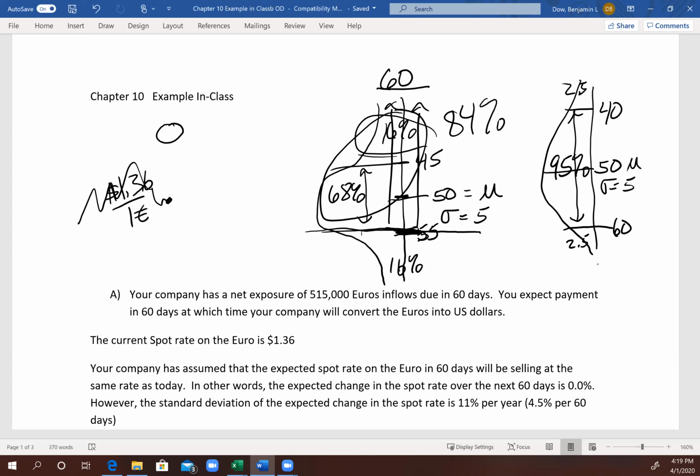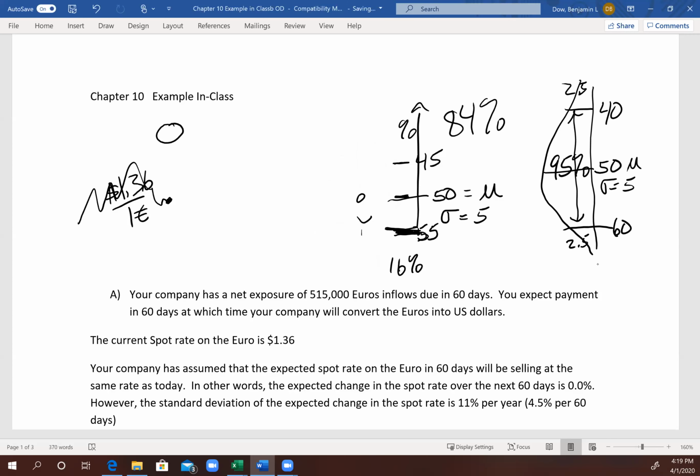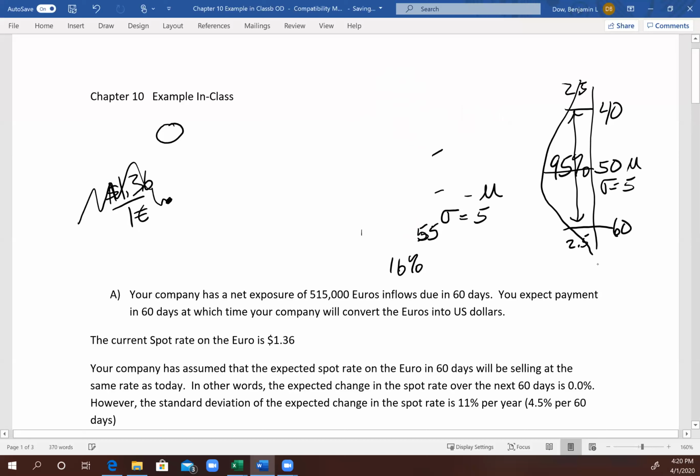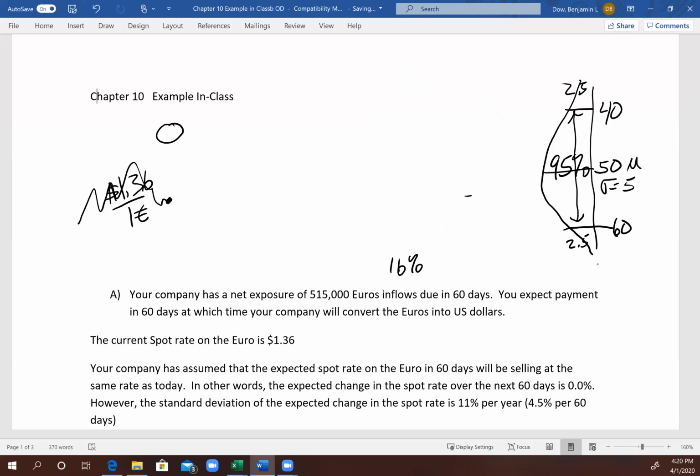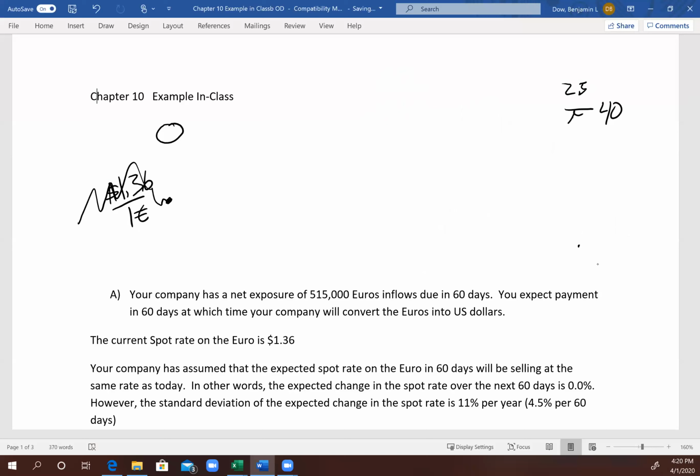Now, why is all this important? Well, what we're trying to figure out is what's going to happen to the euro. The measure they picked is kind of weird. They wanted a 95% value at risk when they did all this banking stuff. And a lot of people have accepted 95% value at risk as a nice benchmark.